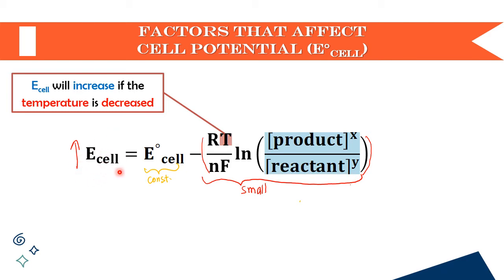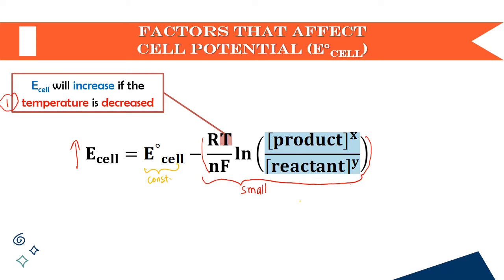So to get a very small value over here, if I want my E cell to increase, I need the temperature over here to decrease. This is the first factor: to have a big E cell, I need to have a small temperature.